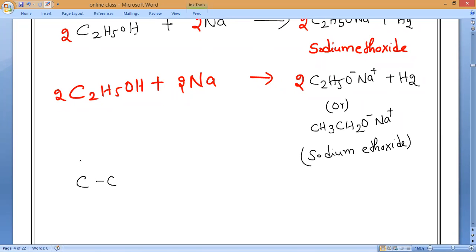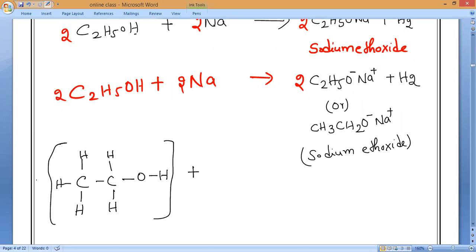So C and C, first one triple bond and 3 hydrogens, second one 2 hydrogens plus 1 oxygen and 1 hydrogen, which is reacting with the sodium. So actually it is 2 in count. So here also 2 for balancing. So 2 sodium atoms.